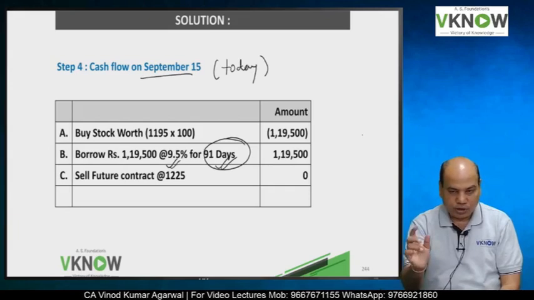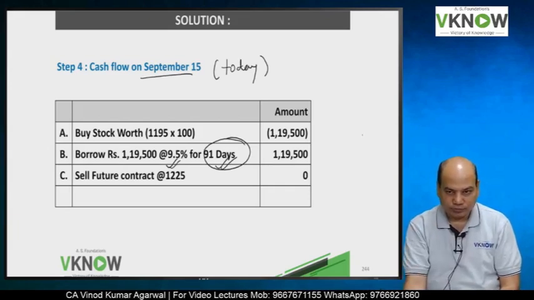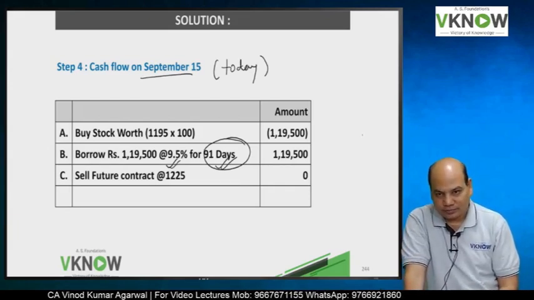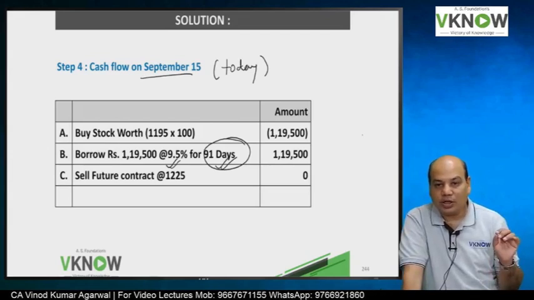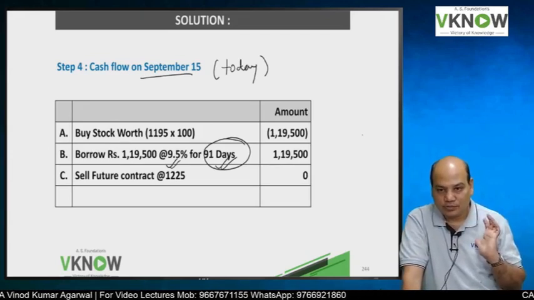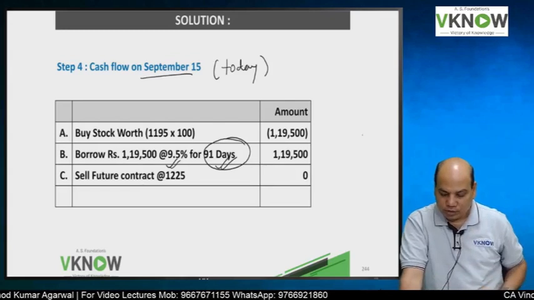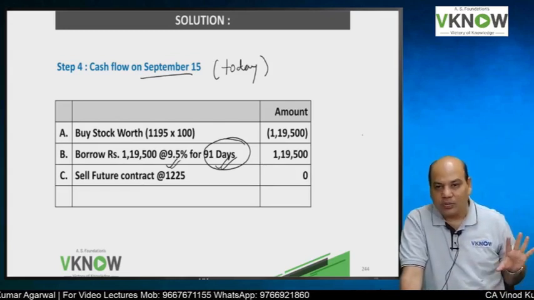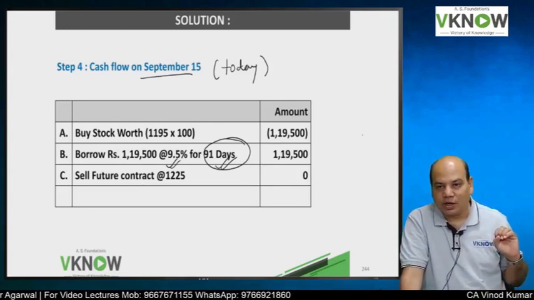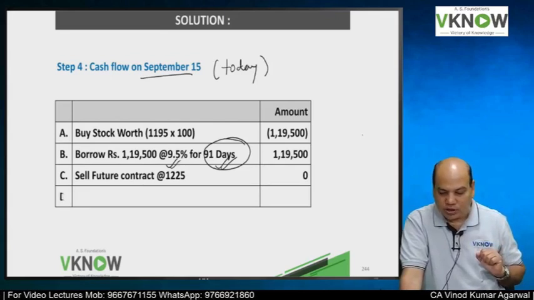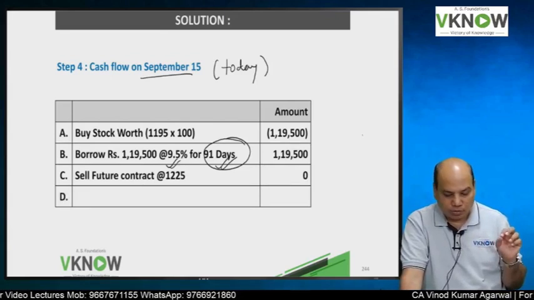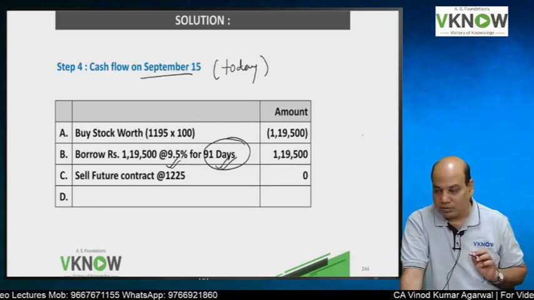When you sell future, that day there is no cash flow. It is just a contract. Cash flow will come on maturity date in the form of gain or loss. We are ignoring the initial margin money that is required to be paid, because the question is not about margin money, but otherwise you will have to pay some margin money in the practical world.